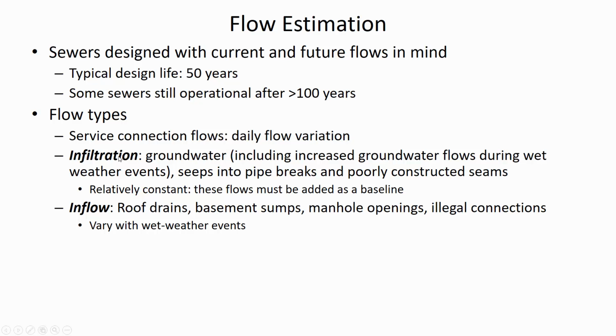Infiltration is relatively steady because that's mostly groundwater that's seeping in. And groundwater levels can fluctuate. The depth of the water table can vary when it's wet versus when it's dry. But it doesn't vary as dramatically as when there's wet weather. And so sometimes the flows in the middle of the night when there's not much human demand for water and therefore there's not much discharge for water, the overnight flow rates are usually what they call I&I, infiltration and inflow.